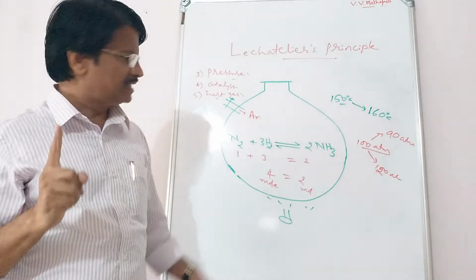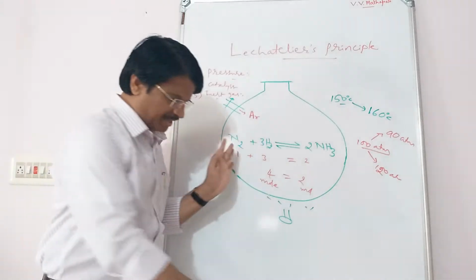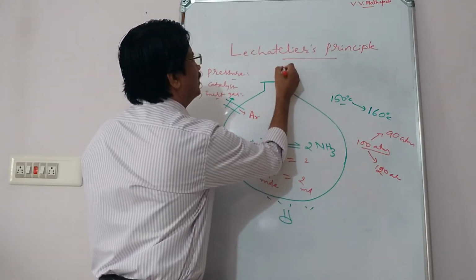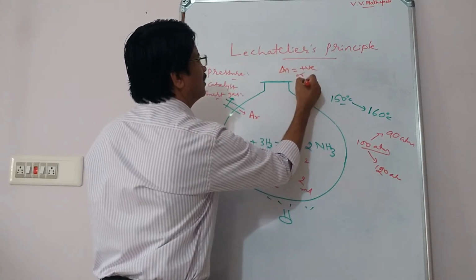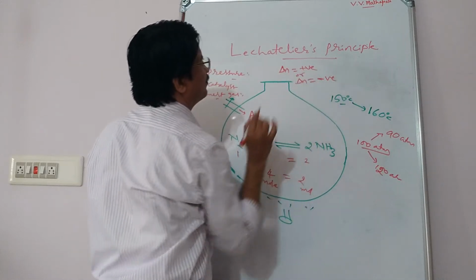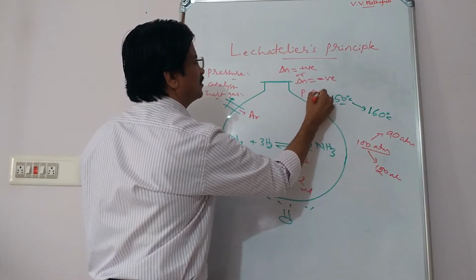But when inert gas is added to the equilibrium state, it can affect only when the delta N value is positive or negative, and the pressure is constant.